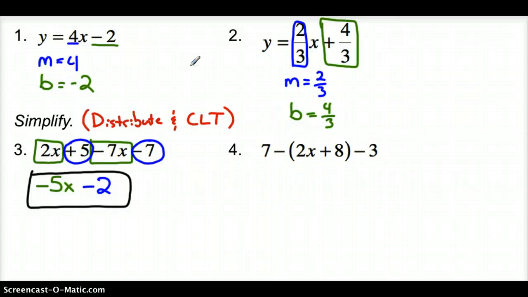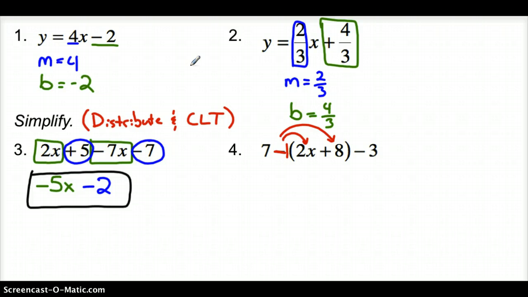And the very last one we have, it looks like we have to do a little bit of distributing here. Okay, now notice this negative sign here that is outside and to the left of our parentheses. Okay, what that means is just a negative 1 being multiplied to both terms in that grouping. Okay, so this is now a negative 1 times 2x, and then we take negative 1 times a positive 8.